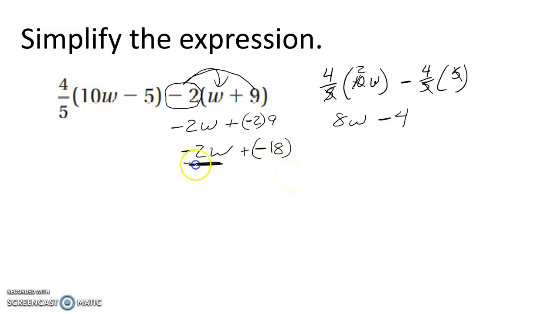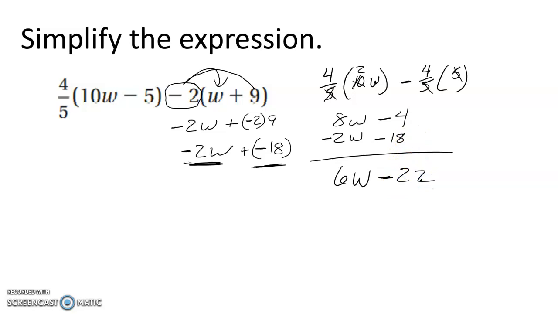So this one I'm going to put right here. And the negative 4 plus negative 18, I'm just going to put as a negative 22. So 8w minus 2w is 6w. And a negative 4 and a negative 18 is a negative 22.